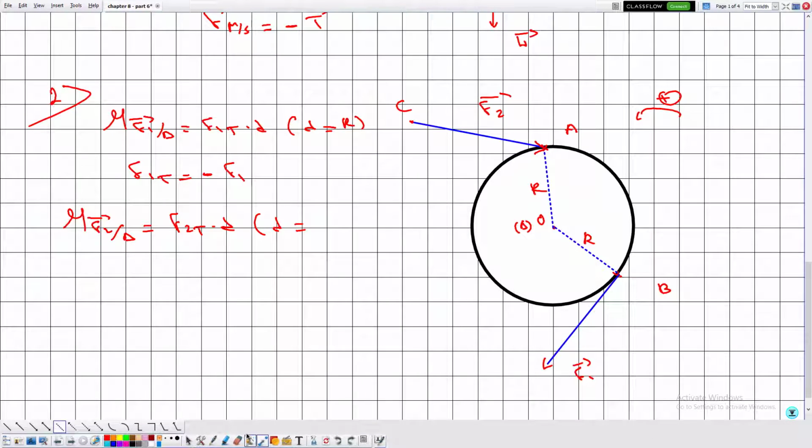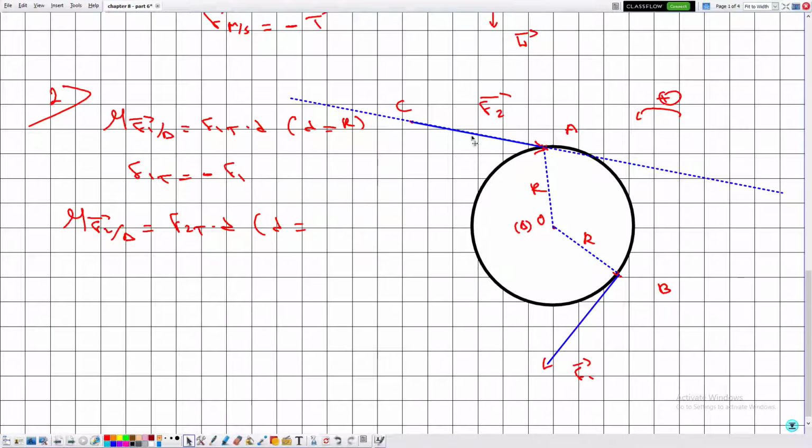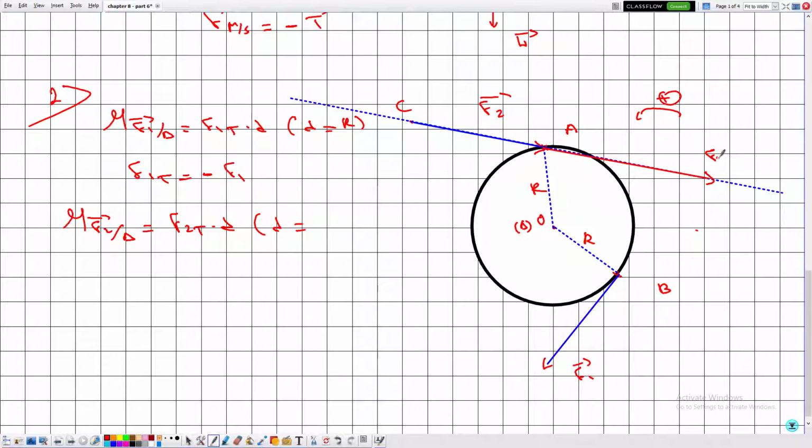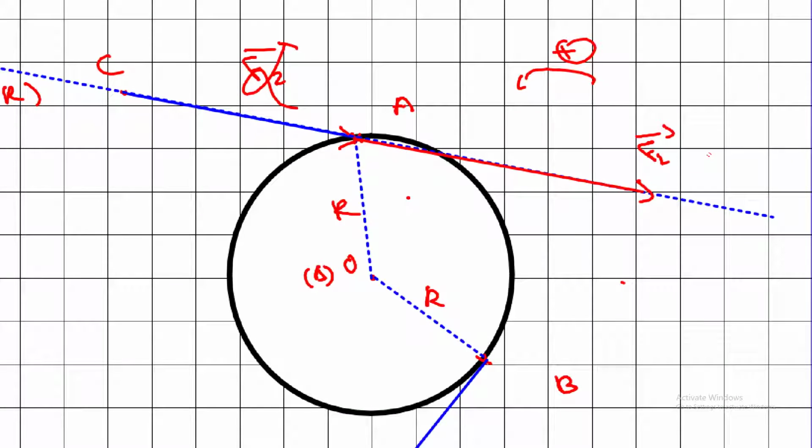Therefore, if this is the line of action of the force like this, then F2 must be represented in this way. This is the correct representation of the force F2 and not this one. This is wrong. Okay, this is the correct representation. And in this case, the point of application of the force F2 will be the point A.